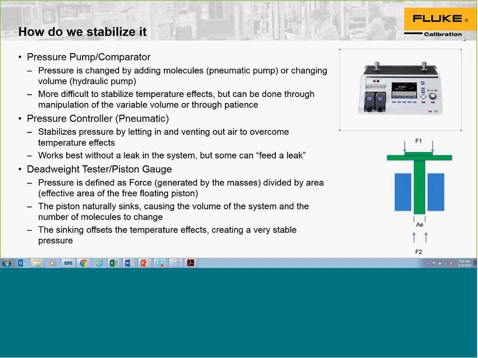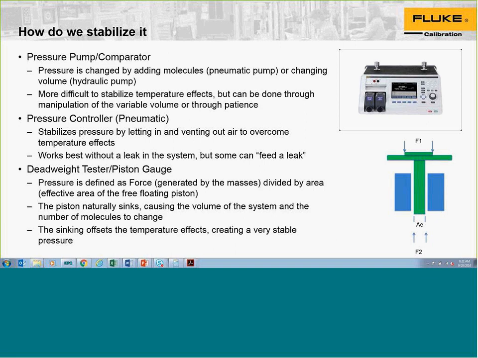That force being pushed up is the calibration media, the pressure of the system. The piston sinks. So while we talk about it floating, it will be naturally sinking while at pressure.